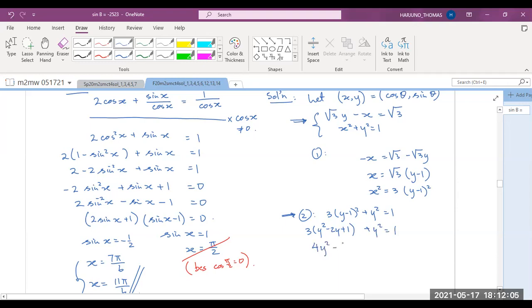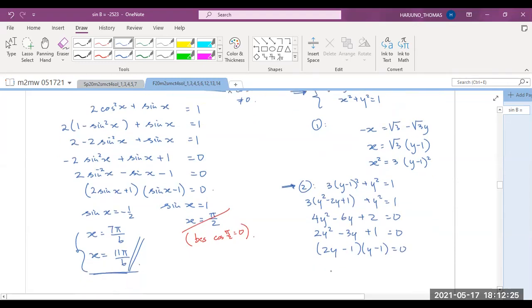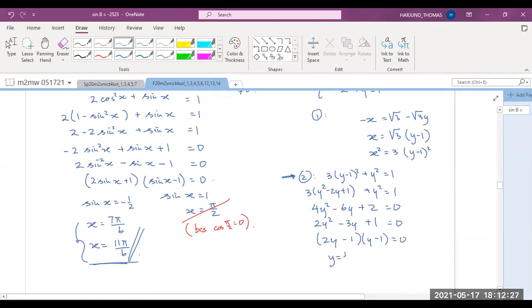4y squared minus 6y plus 3 plus 2 equals 0. Reduce by 2. So we get (2y minus 1)(y minus 1) equals 0, y equals 1/2, y equals 1.